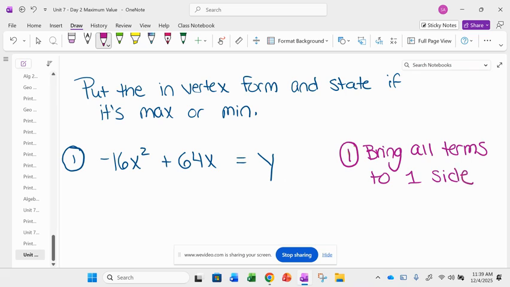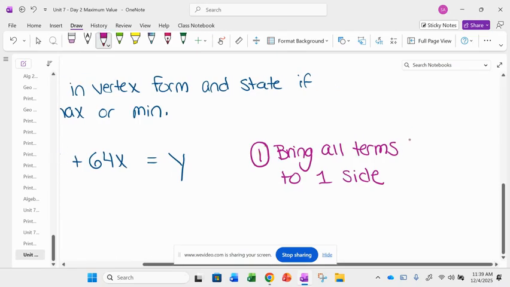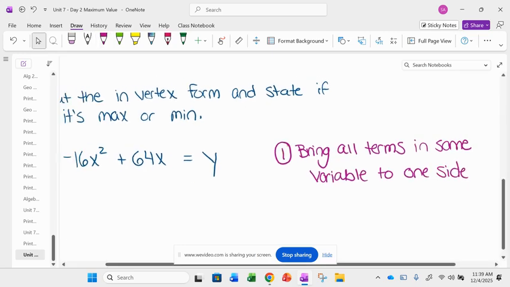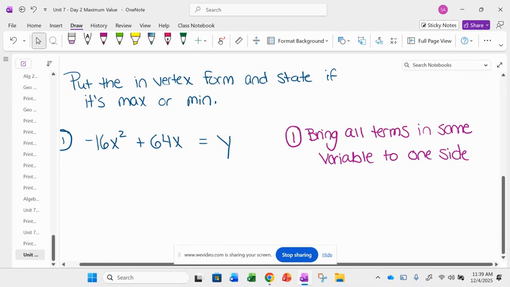Are all the terms on one side here except for the y? So all terms in the same variable. Have I brought all the x's to one side?